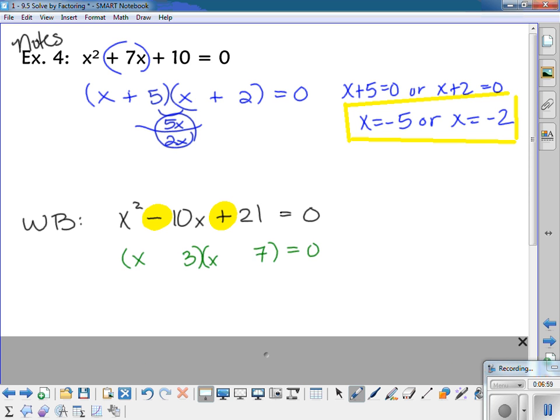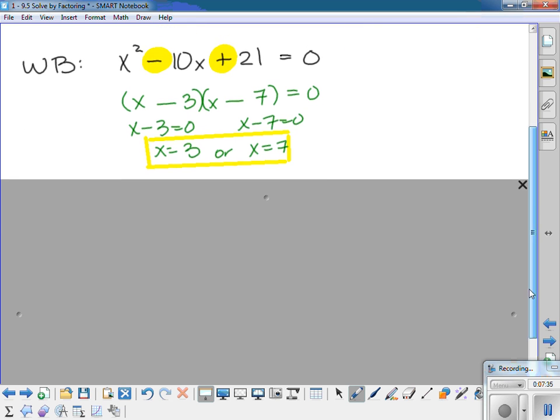I know it's going to be 3 and 7 to get me to 21, and 3 plus 7 is 10, but I want it to add up to negative 10. So what's that mean? One more time? Yes, they're both going to be negative. So if x minus 3 equals 0, then that means x is positive 3. And if x minus 7 equals 0, then x is positive 7. Okay, so some of you were on the right track, but you didn't have the right signs. So just be real careful with your signs, okay?